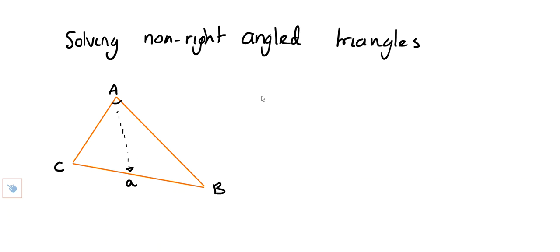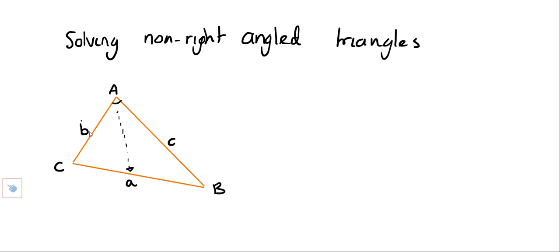So if that's true, what's this side called? Small c, although you can't tell the difference. This side will be side small b. Alright. So that's what I'm labelling them.